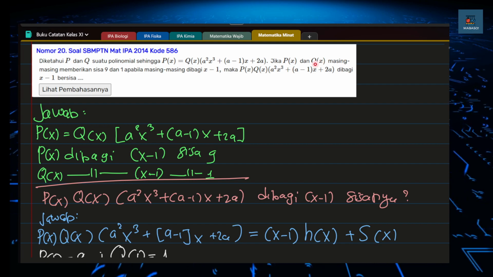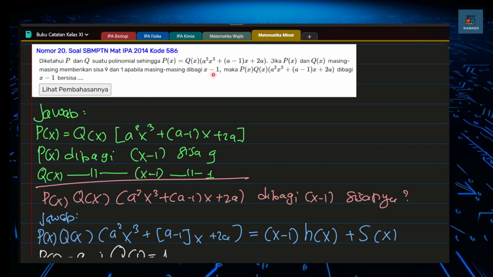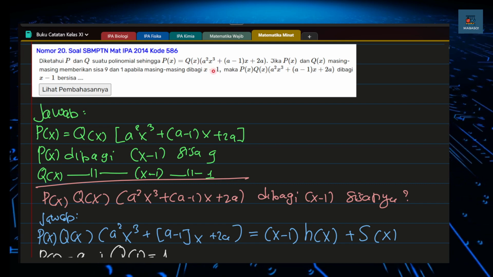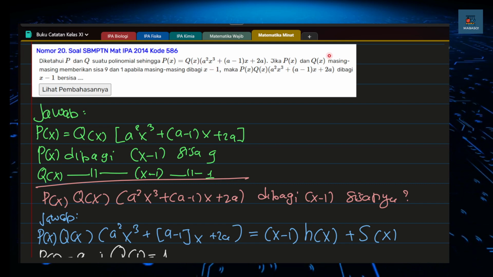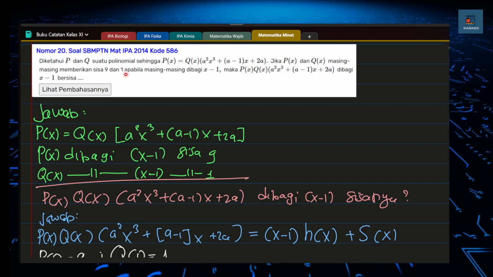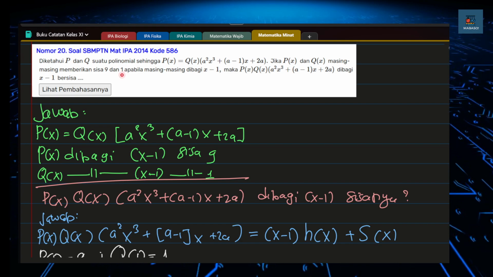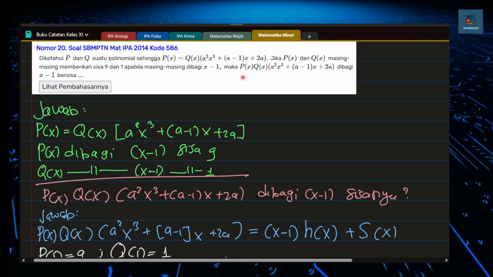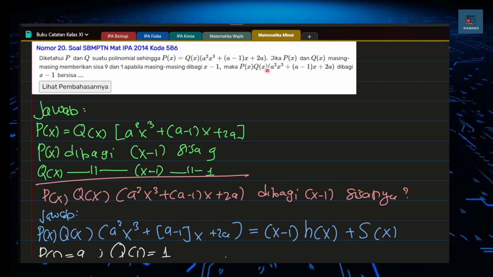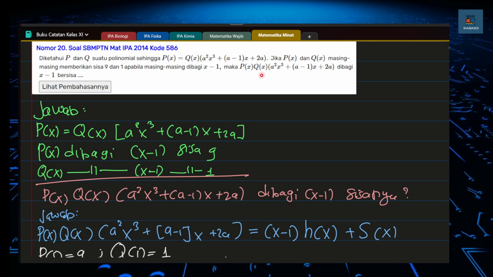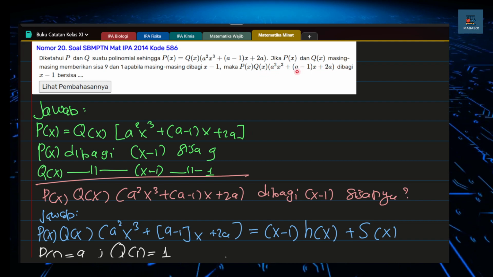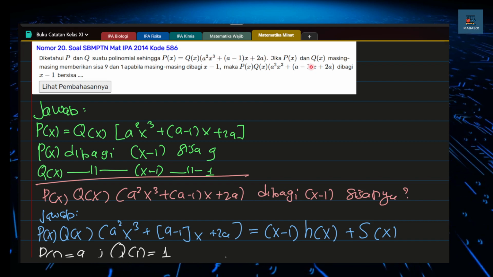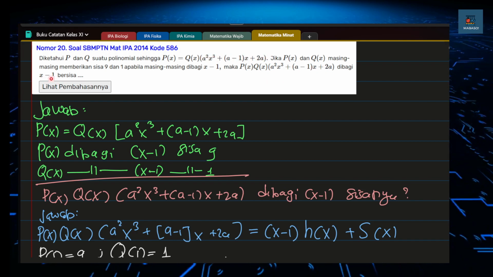And if k(x) is divided by x minus 1, the same divisor, we would have a remainder of 1. Now the question asks: what is the remainder of p(x) times k(x) times this term, which is exactly the same as this term, if it is divided by x minus 1?